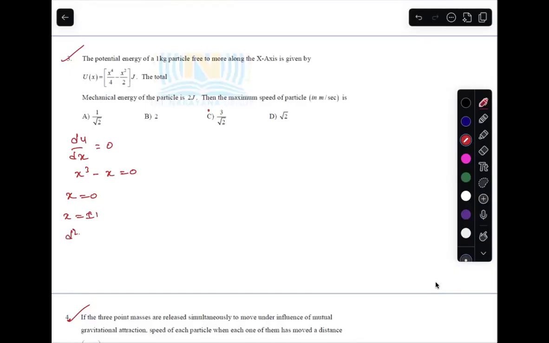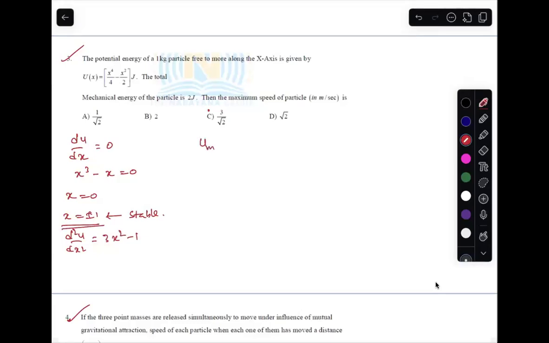If I go with d square U by dx square, I'll get 3x square minus 1. At x equal to 0, d square U by dx square is negative, so unstable. Put x equal to plus or minus 1, d square U by dx square is positive. So plus or minus 1 correspond to stable equilibrium positions. Minimum potential energy exists at this point.